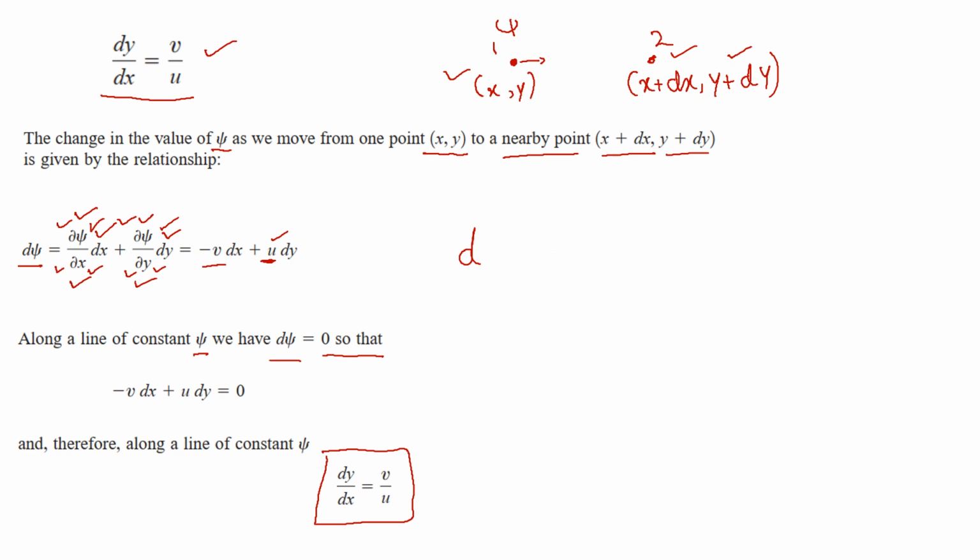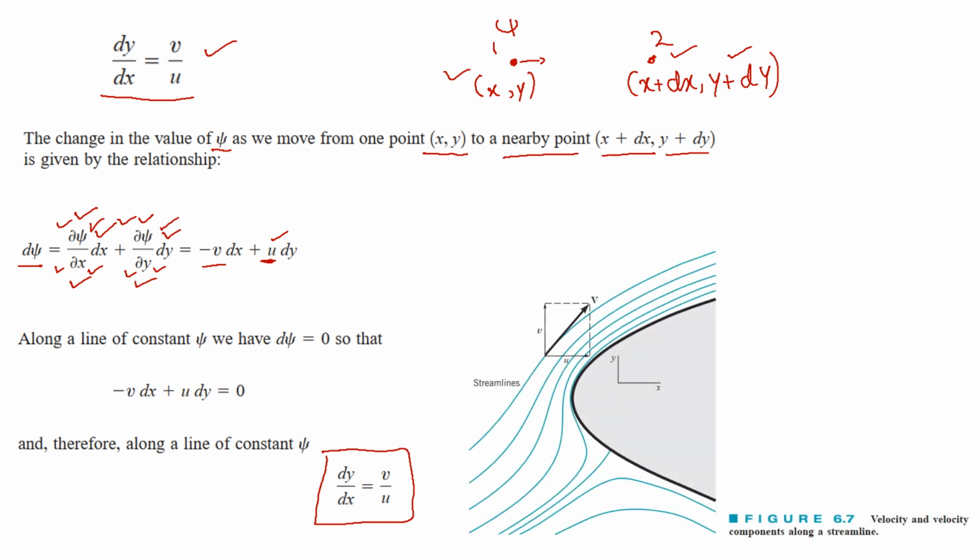So if we take certain lines and along those lines the stream function is a constant, we can actually plot our streamlines. And by plotting our streamlines, we get a better sense of visualization of our flow field. So if we place an obstacle in our flow, we can see how that flow will behave when it strikes that obstacle.